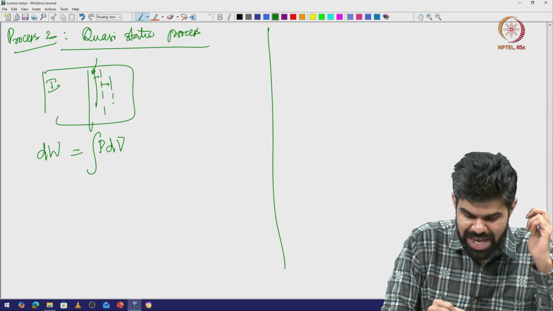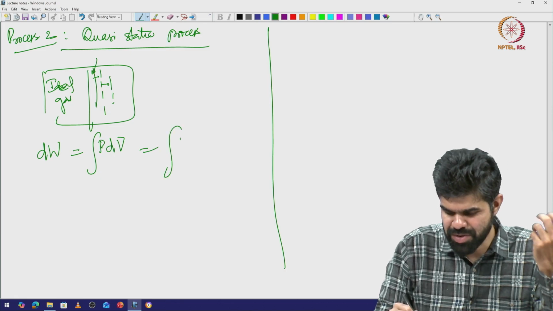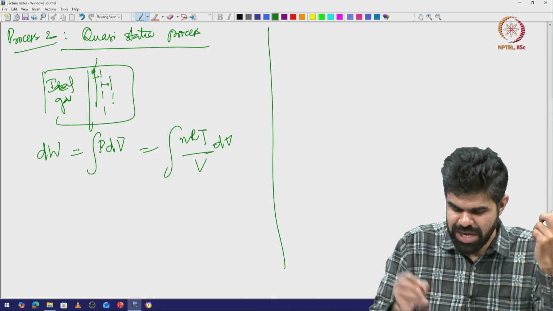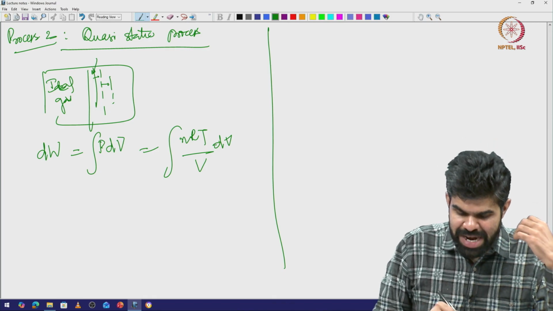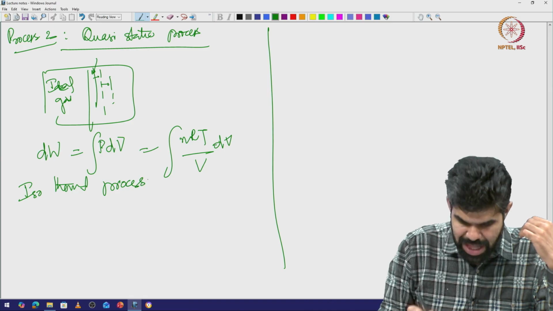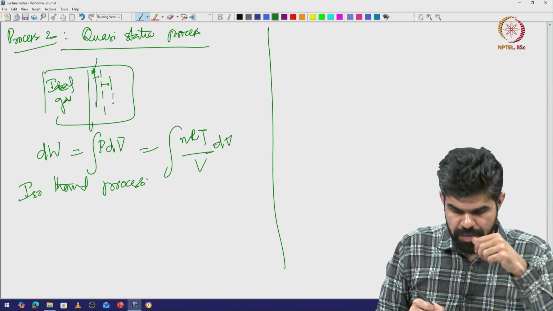This is an ideal gas, so I can calculate this. You may have done this many times, it is nRT by V dV. That is the PdV work that I am doing on the system, and eventually this is an isothermal process.